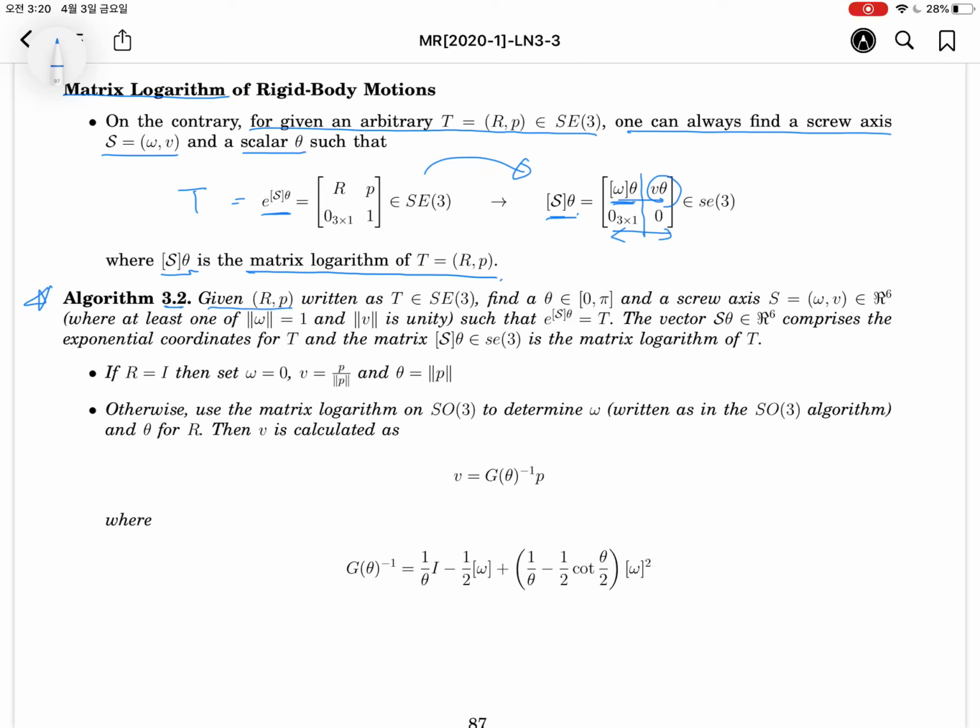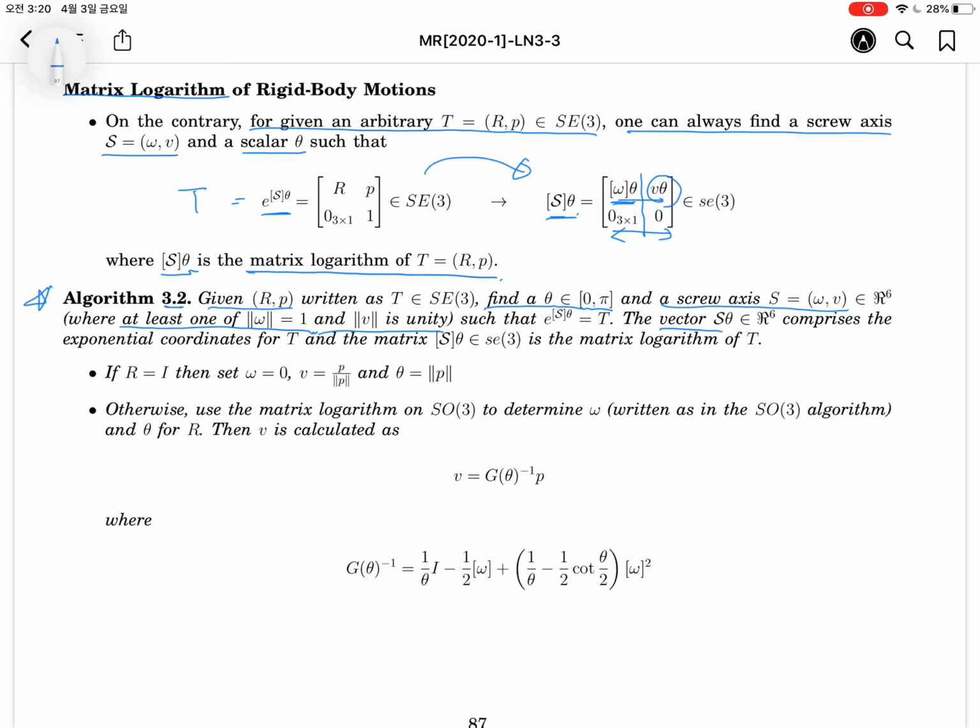For a given homogeneous transformation, find a theta belonging to 0 to pi, a screw axis S composed of omega and v. Here, n is one of the unit magnitude of rotational velocity or linear velocity.